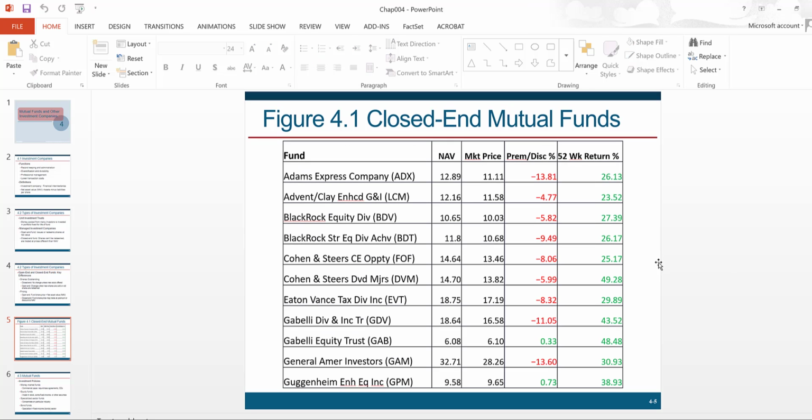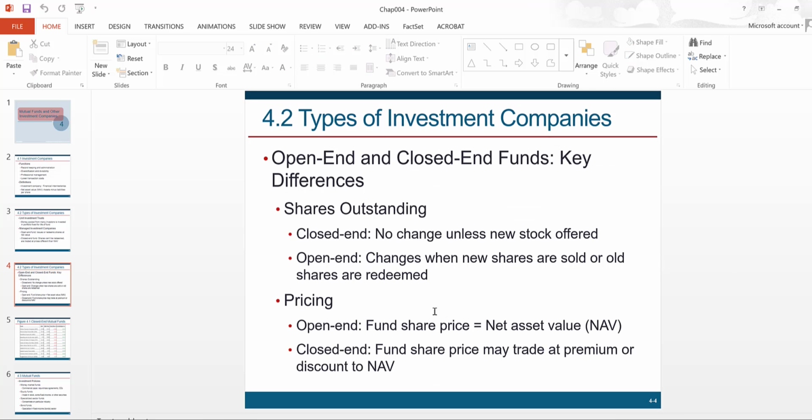And a very puzzling thing about closed-end funds is that even though you would expect that the net asset value of the fund, which is essentially just the value of the underlying securities that make up the portfolio, you'd think that the net asset value of a closed-end fund should be similar to the share price, right?